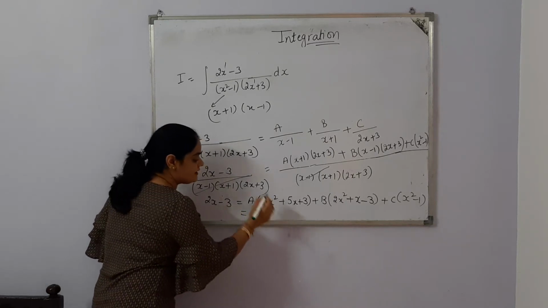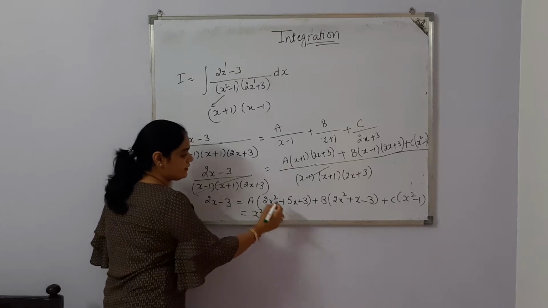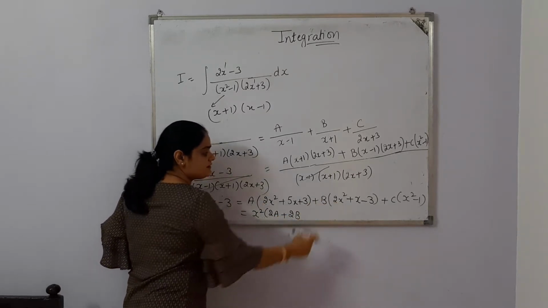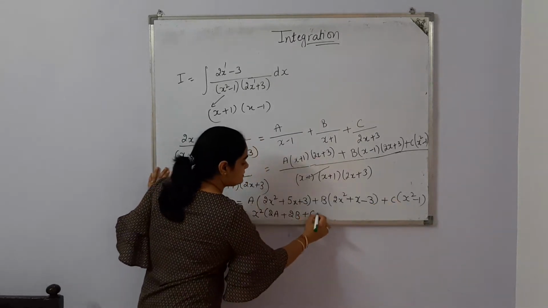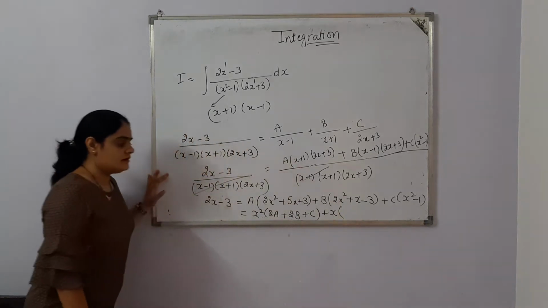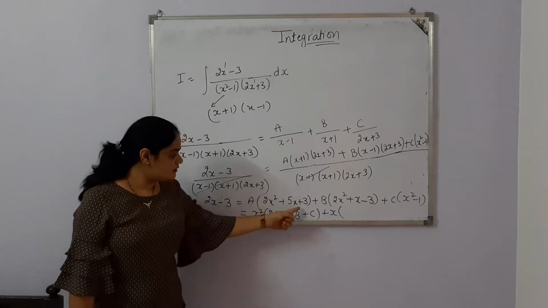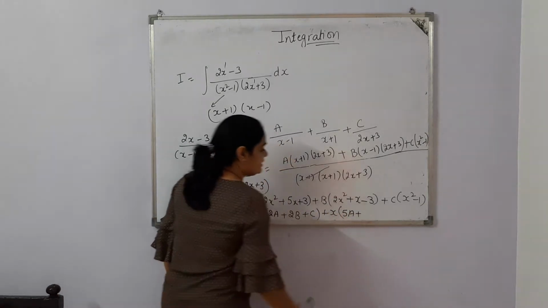Now if we take x square as common, what becomes inside? 2 into a, 2a, 2 into b, 2b, because here it is the x square term only, plus c. Now can we take x as common? What is the coefficient of x here? 5 into a into x, which is 5ax, x is outside, what is left behind is 5a.